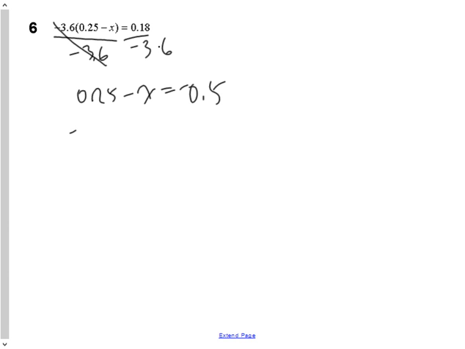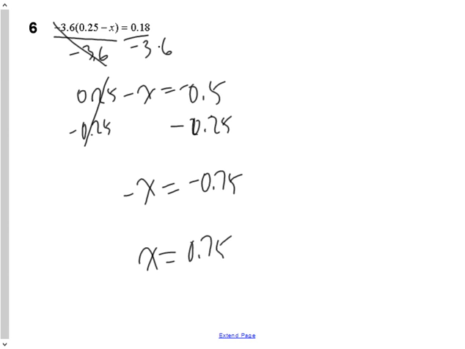Then you're going to subtract 0.25 from both sides. Negative x equals negative 0.75. And if that's true, then x equals a positive 0.75. If you wanted to, you could actually show division by -1. But x equals 0.75.